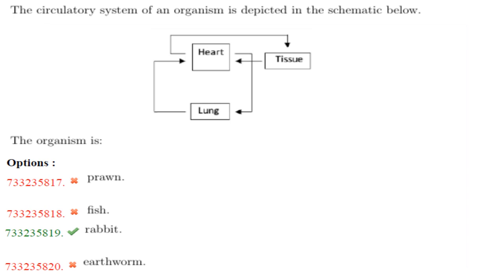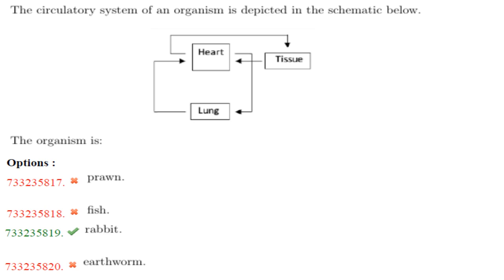So coming to the first question, the circulatory system of an organism is depicted in the schematic below. The organism is... The diagram here is of double circulation, in which the blood passes through the heart twice before completing a full circuit of the body.